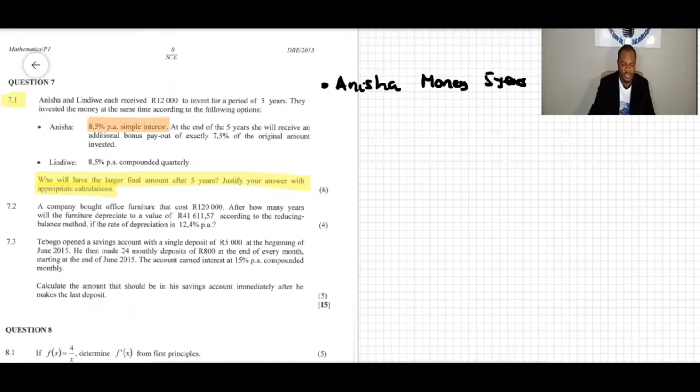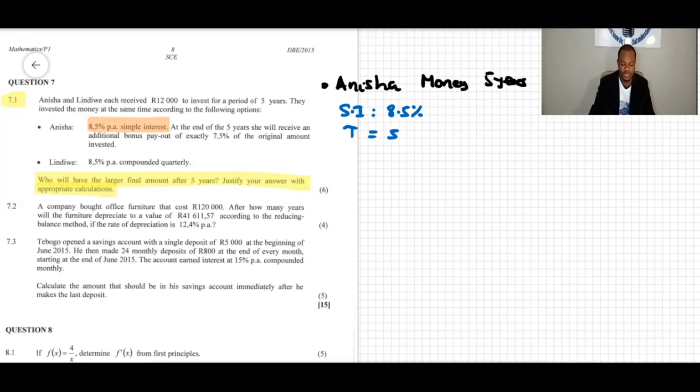Now, I'm going to write the given information. The simple interest, SI, is 8.5%. At the end of 5 years, so the time will be 5 years, she will receive an additional bonus payout of exactly 7.5% of the original amount.